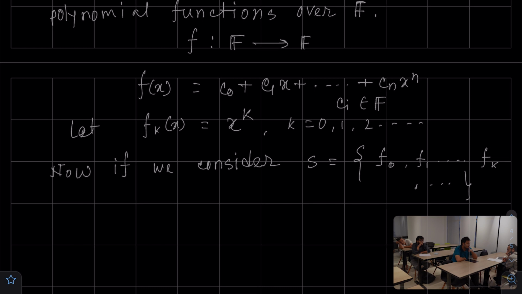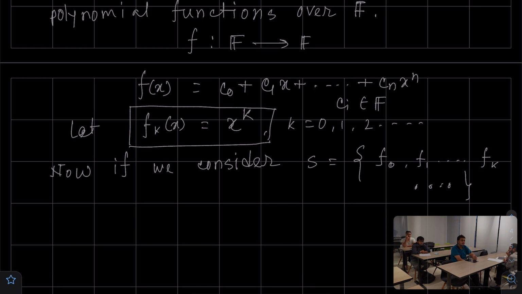So that's why I put a dot there. That means this is an infinite set, where fi is defined by fi of x equals x to the n.